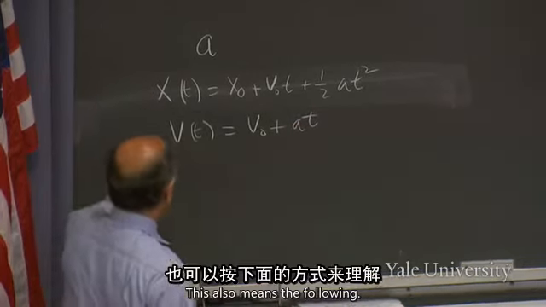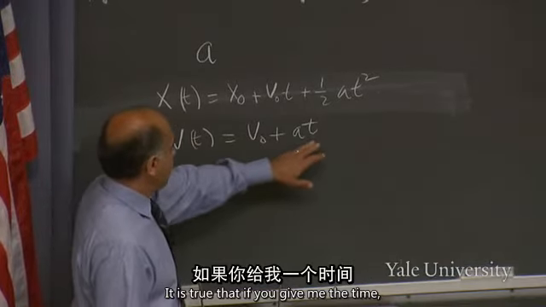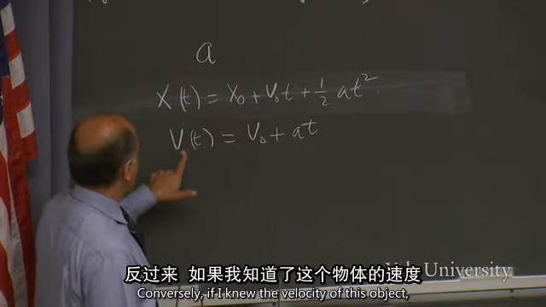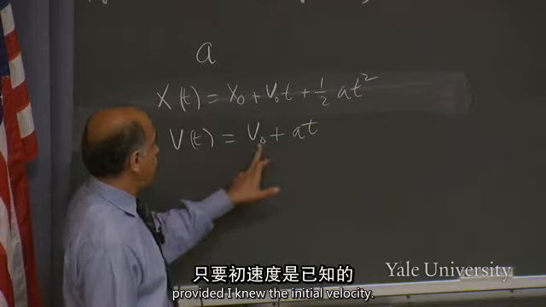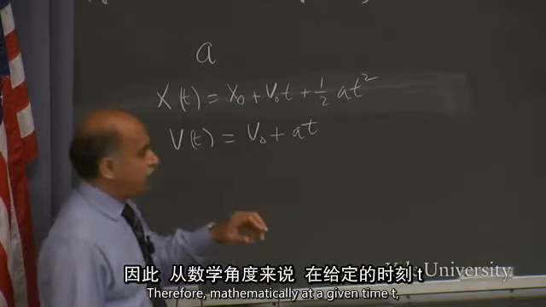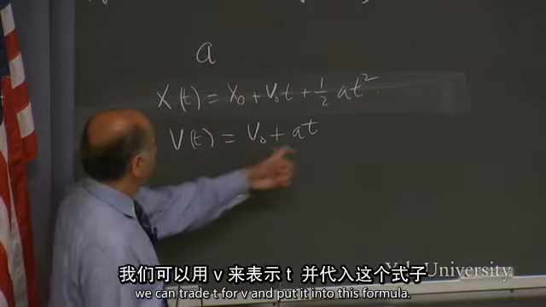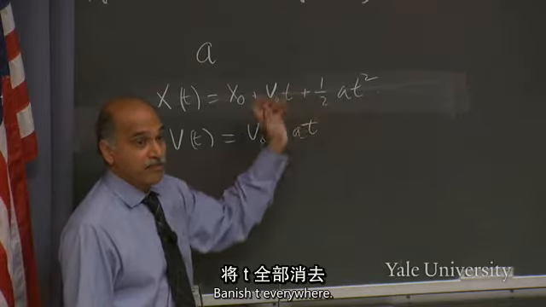This also means the following. It is true that if you give me the time, I can tell you the velocity. But conversely, if I knew the velocity of this object, I also know what time it is, provided I knew the initial velocity. Therefore, mathematically, at a given time t, we can trade t for v and put it into this formula, banish t everywhere.